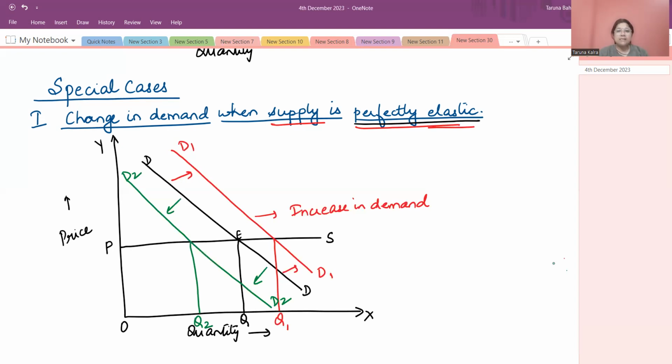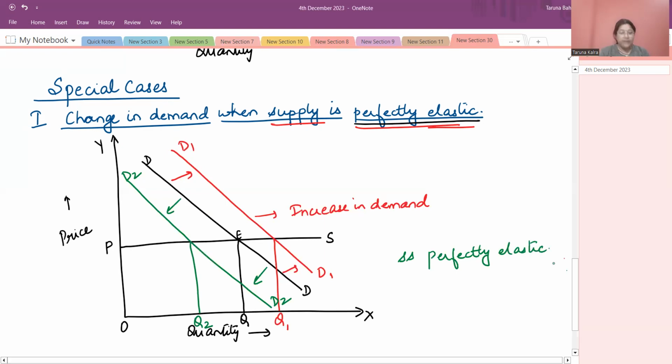So in case the supply is perfectly elastic, this is the conclusion.